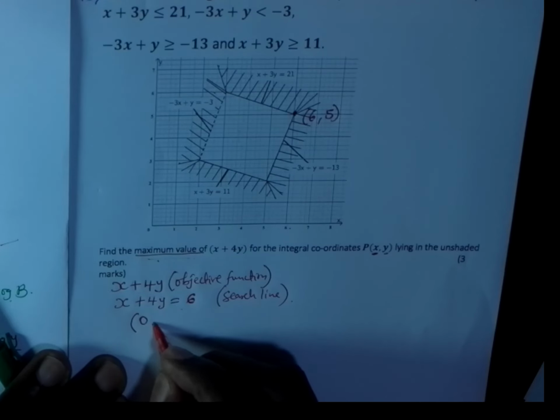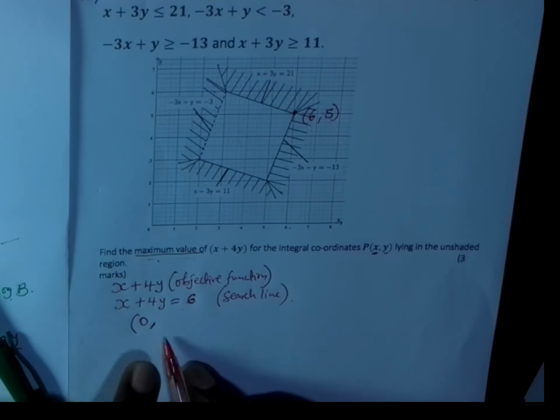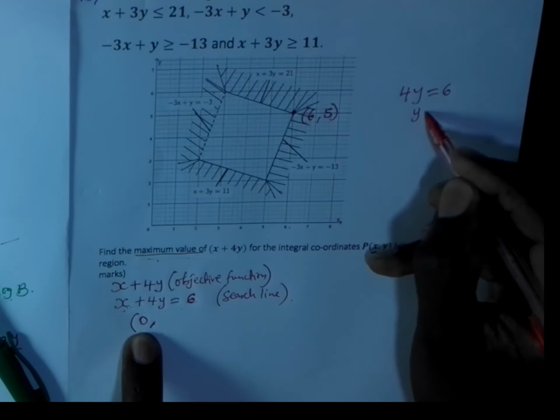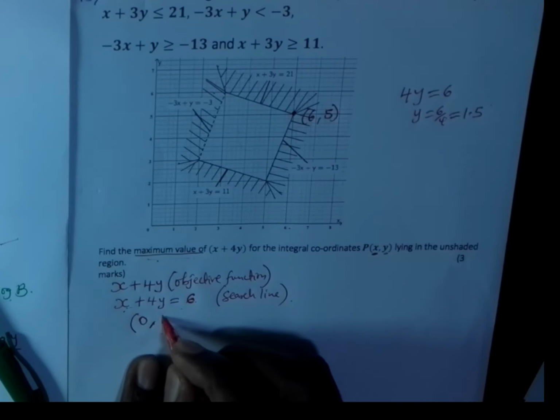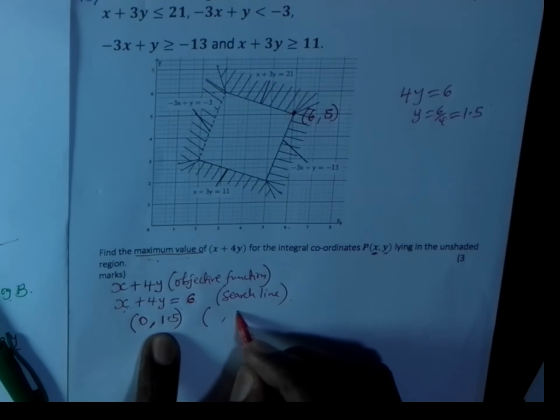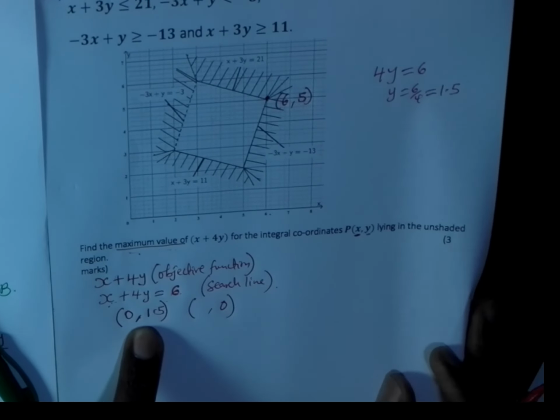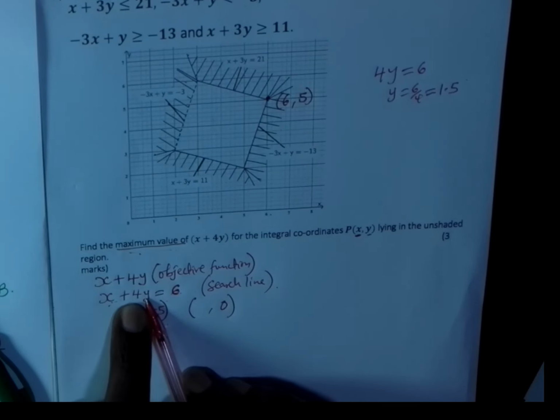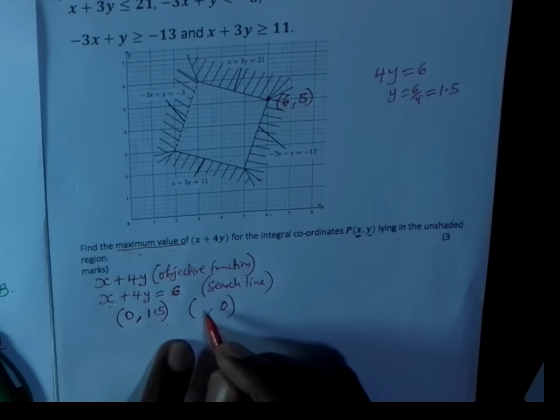When x is 0, what will be the value of y? We have 4y equals 6, therefore y is 6 over 4, which is 1.5. Again, when y is 0, substitute: 4 times 0, so x is 6.